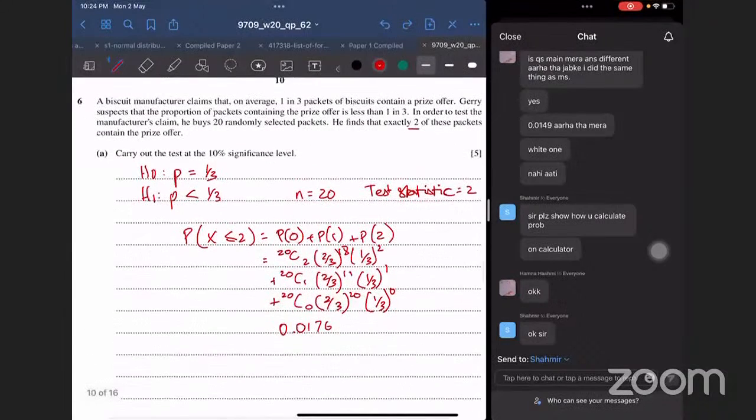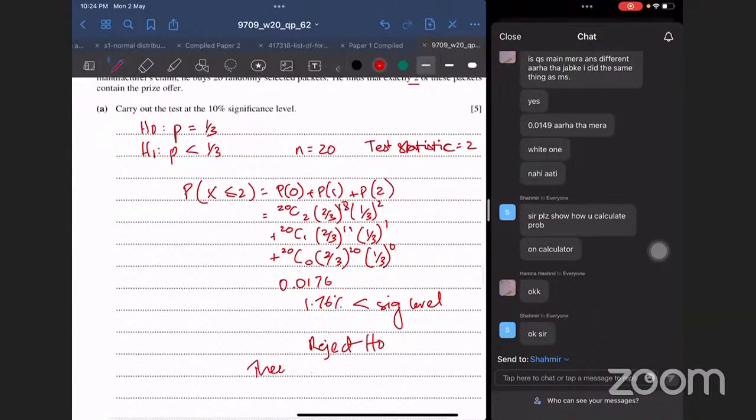Okay, so 0.0176 आ गया. This is less than the significance level. So reject H not. There is evidence.